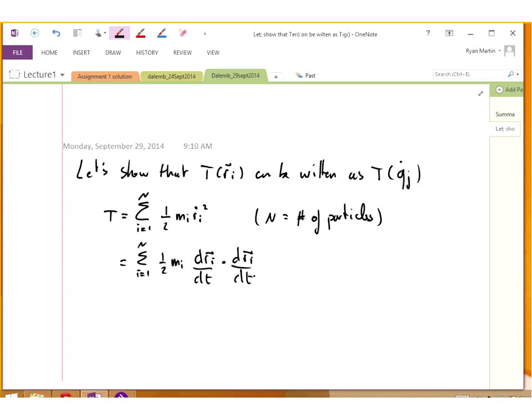And so let's just do our general procedure for converting r's into q's, right? So recall that we can write dri by dt as the sum from j equals 1 to n of dri by dqj, qj dot, plus the last term dri by dt.